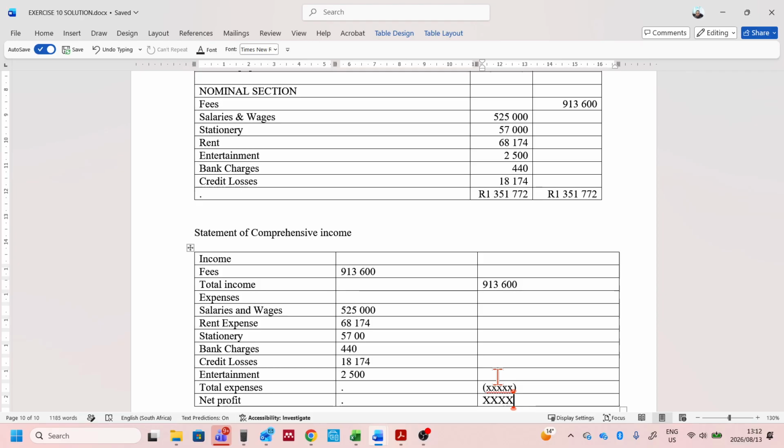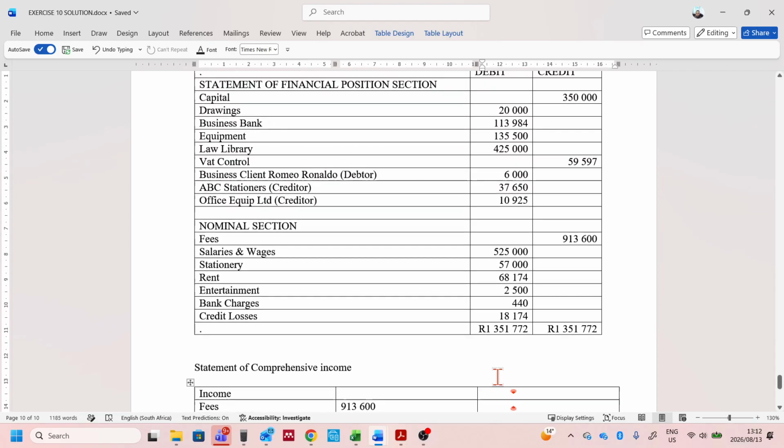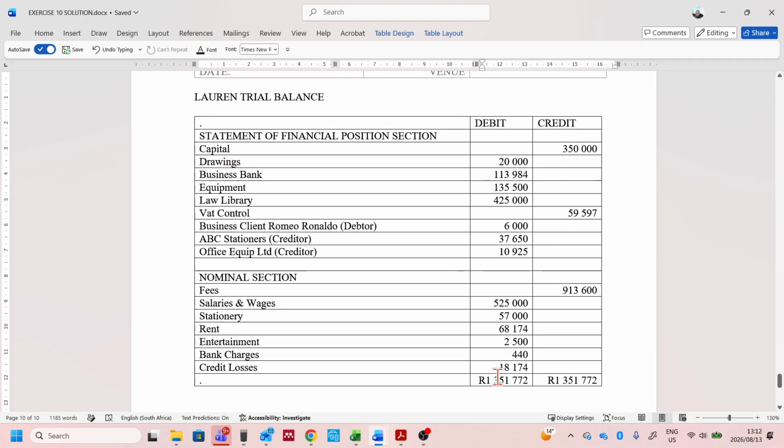So for your statement of financial position, which is the balance sheet statement, you are just grouping these accounts. Assets, you group them together. Equity, you group them together, which is your capital account only. And then you're going to have liabilities, you show it.